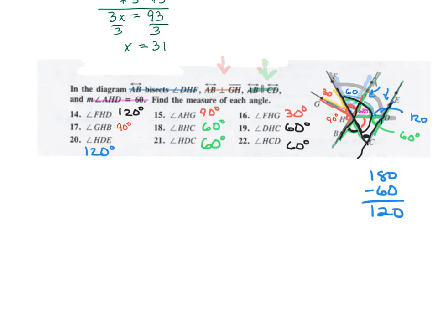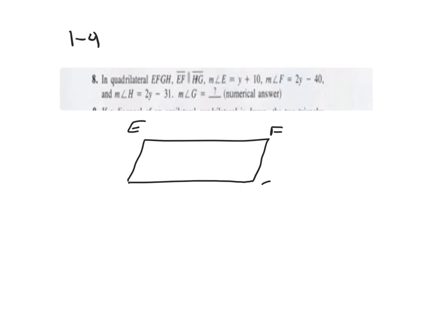And then the last question that you want, chapters 1 to 3, was from cumulative review 1 through 4, and this is question number 8. So the first thing I'm going to do is go ahead and draw my quadrilateral, so I have a visual. E, F, G, H. Go in the same order that it's given here.